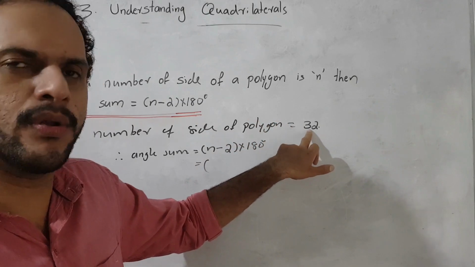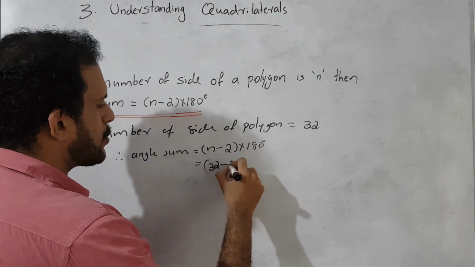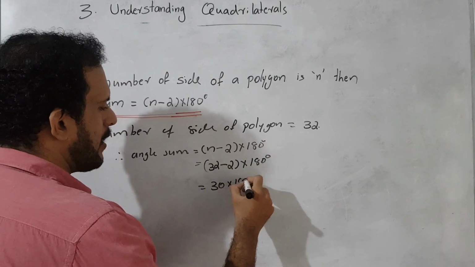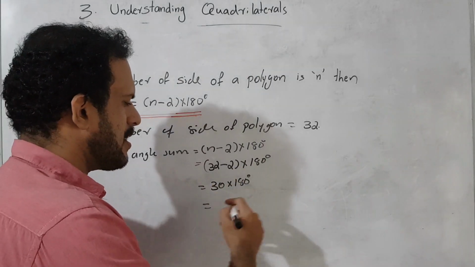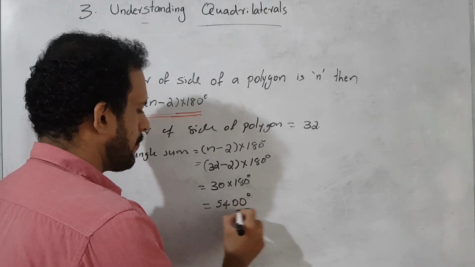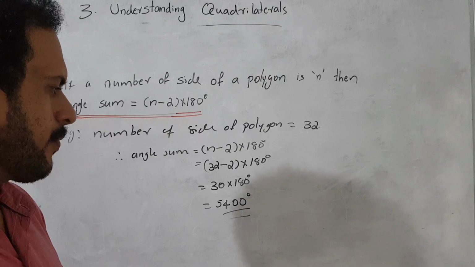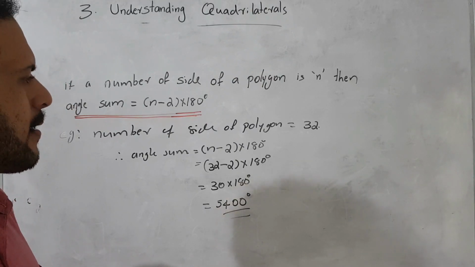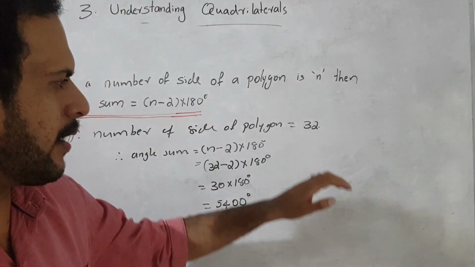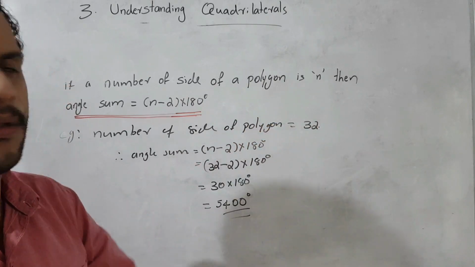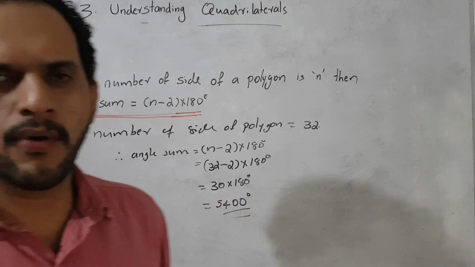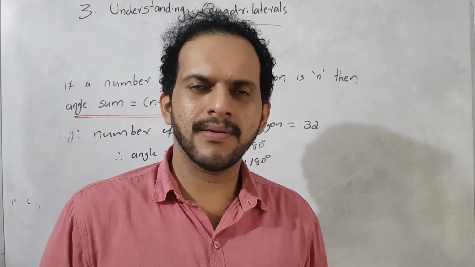The number of sides is equal to 32. 32 minus 2 into 180 degrees. 32 minus 2 is 30, into 180 degrees. 30 into 180 is equal to 5400 degrees. That is the angle sum of a polygon with 32 sides. ഒരു പോളിഗണിന്റെ നമ്പർ ഓഫ് സൈഡ് 32 ആണെങ്കിൽ ആ പോളിഗണിന്റെ ആംഗിൾ സം എത്രയായിരിക്കും? 5400.